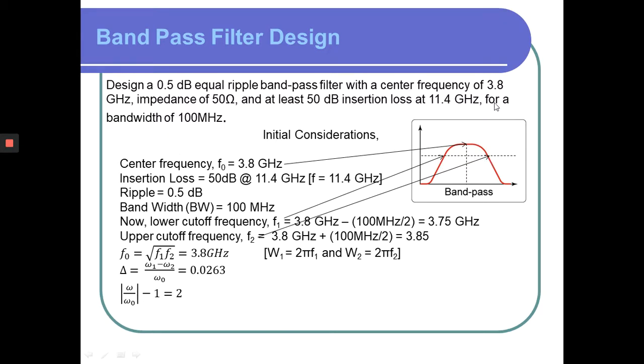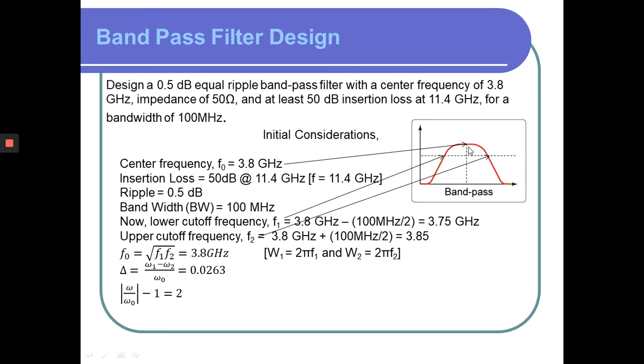We can see that a bandwidth of 100 megahertz is given. Since the bandwidth is given, we know that the bandwidth starts from cutoff frequency 1 and ends with cutoff frequency 2. So F2 minus F1 is the bandwidth.